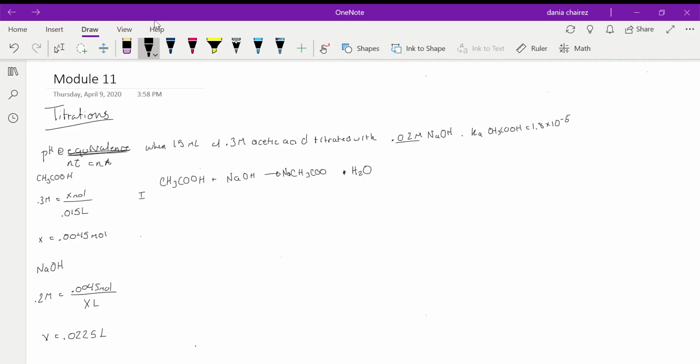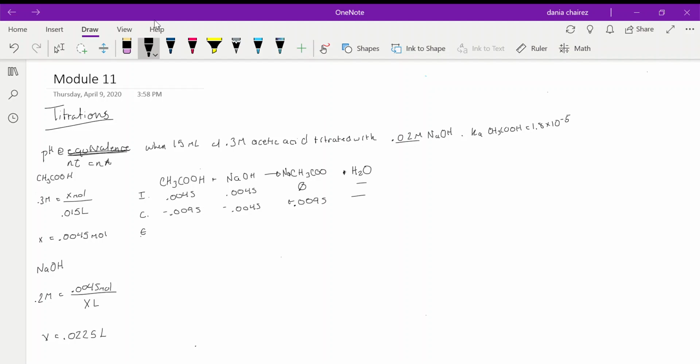So initially we have 0.0045 moles for both, and none of these to begin with. And the change, our limiting reagent, it's the same thing. So we're going to have 0.0045 because it's the same number. So there is no limiting reagent, because there's no change.